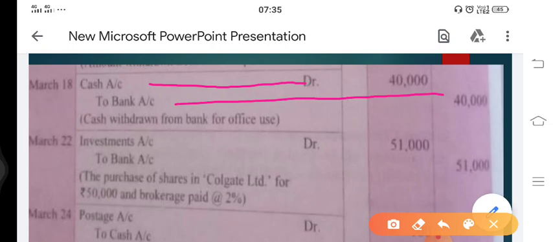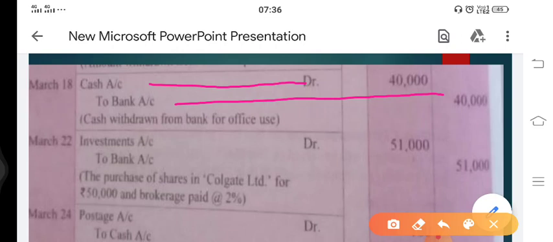So here what we have is, we have purchased shares. Now you can remember that these shares are considered as our investment, because we have invested our money into some other company. So since we have invested our money into some other company, that investment is coming to us.